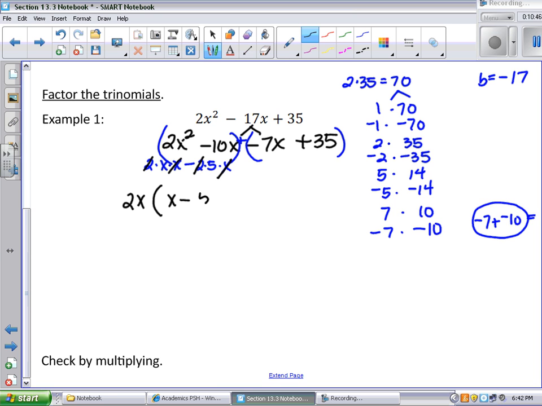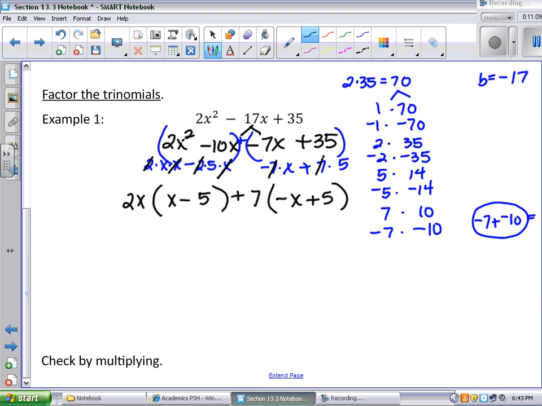X minus 5 plus. When I look at my second group, this is negative 7 times x plus 7 times 5. I can take out the common factor of 7, and what I have left is negative x plus 5.